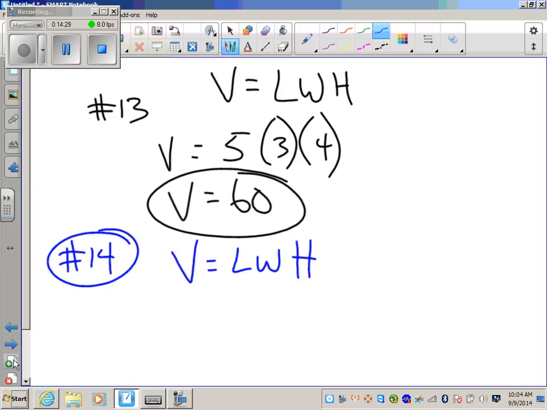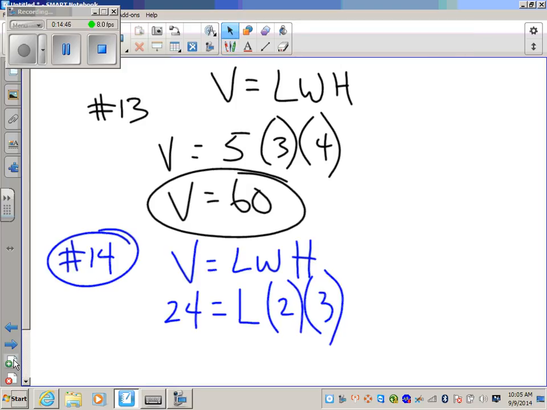Let's try 14. We're going to use the same formula, L times W times H, but they say find L if V is equal to 24. I don't know L. W is 2, and H is 3. What are we going to do with this one? First of all, listen carefully, here's what I didn't do, and this is what I don't want you to do.